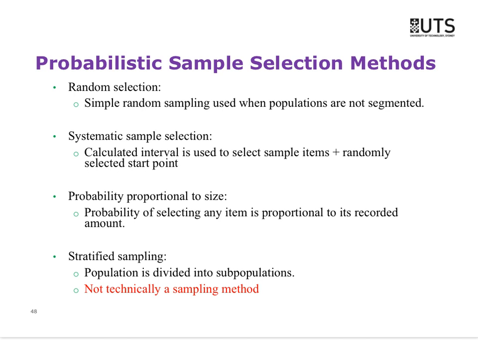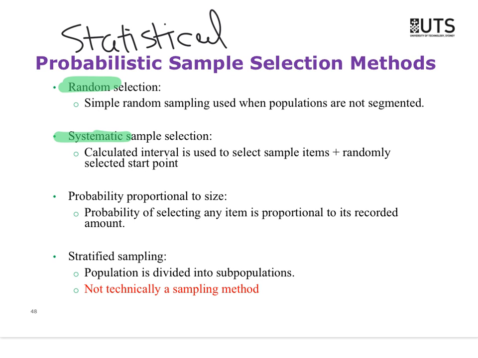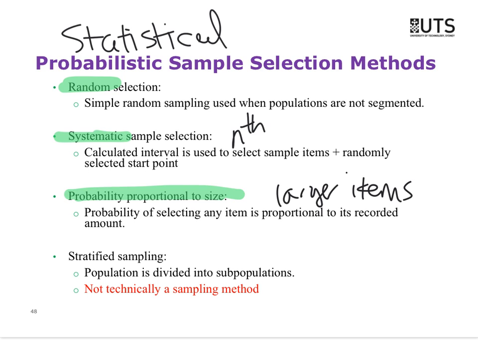Now, in terms of probabilistic or statistical sample selection, we have random with the random number generator, systematic, which is where we're looking for every nth transaction, so that could be every 100th, every 50th transaction. We could use PPS, which is selecting larger items more likely, all right.